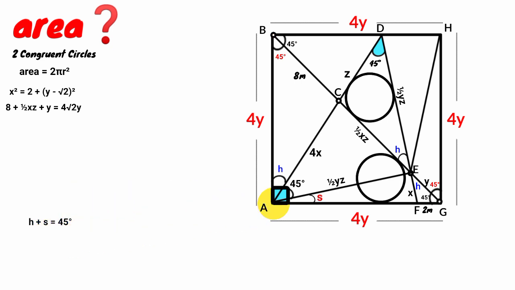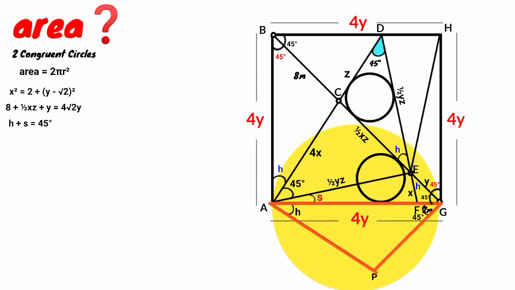Now from this point, draw a line at an angle h to this side AG, and from this point, another line at an angle 45 degrees to this AG until they intersect. Call this point P. Look at this triangle. It has an angle h and an angle 45 degrees. Same is for this. It also has an angle h and an angle 45 degrees.